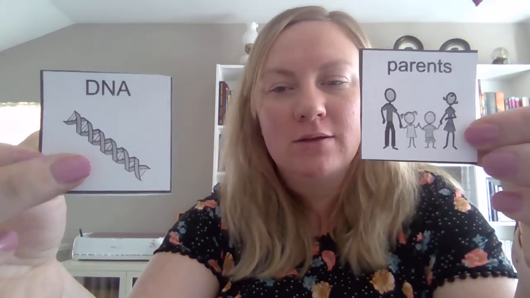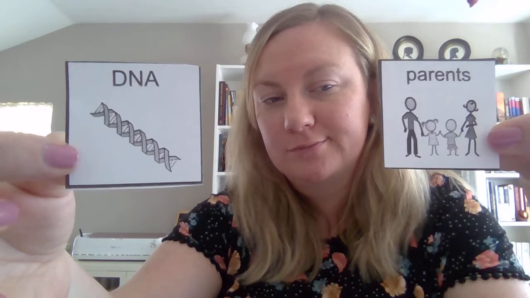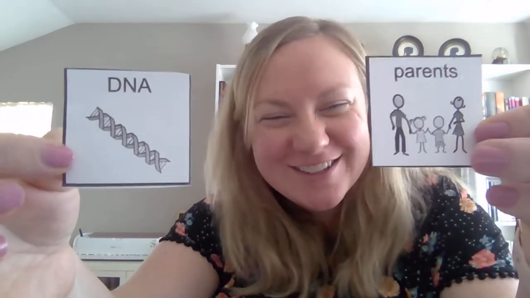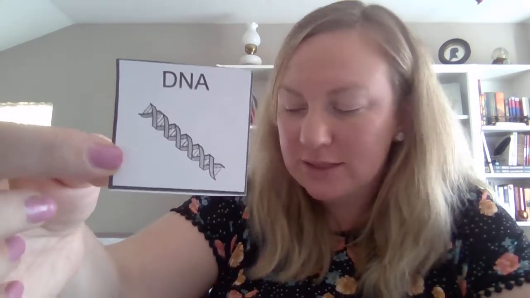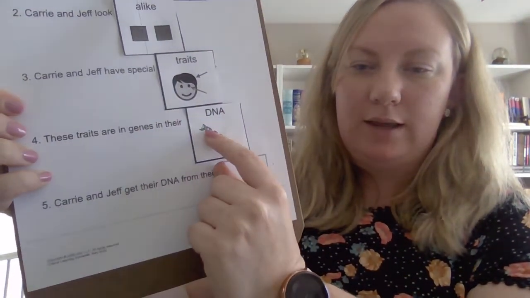So these traits are in genes in their DNA, or these traits are in genes in their parents. Now, technically, the genes come from their parents, but the answer to this question is DNA. These traits are in genes in their DNA. Glue on the back of DNA. Okay, these traits are in genes in their DNA.